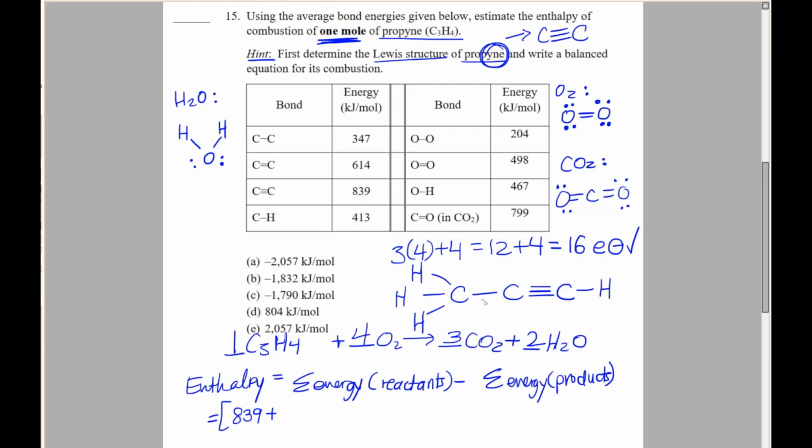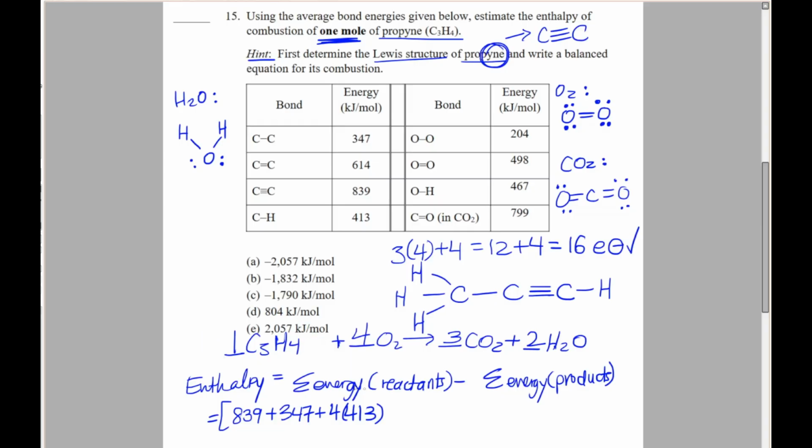We have one CC single bond, which is 347 kilojoules per mole. And we have 1, 2, 3, 4 carbon-hydrogen single bonds. So that's going to be 4 times 413 kilojoules per mole. And that's going to be our energy for this reactant, the C3H4.